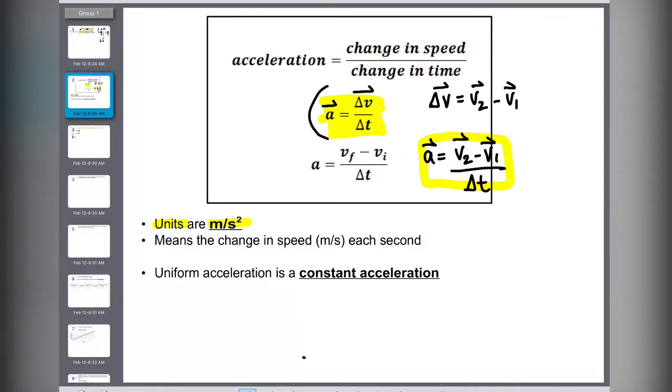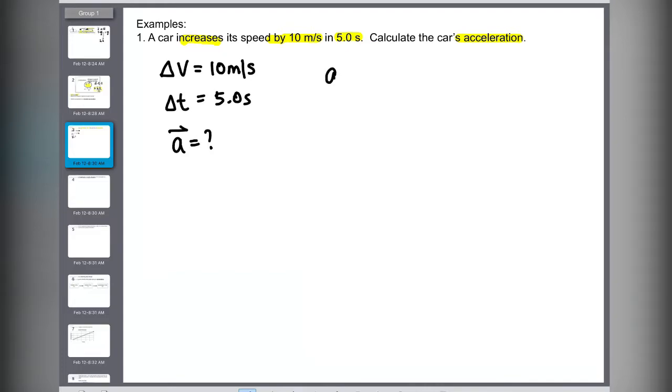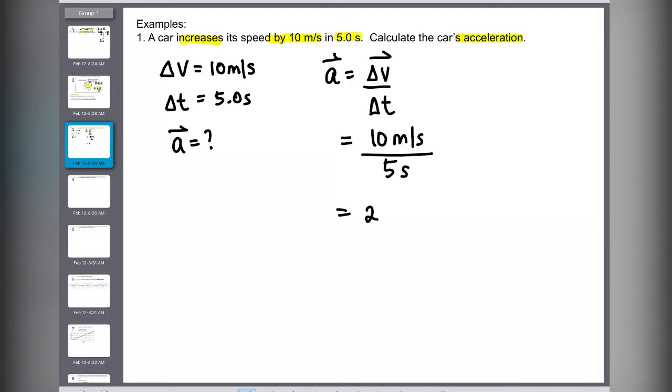For the equation for A, if we go back to this, I have delta V and T, so I would be using this equation. Acceleration is delta V over delta T, so I can sub it right in. It's 10 meters per second divided by 5 seconds. 10 divided by 5 is 2.